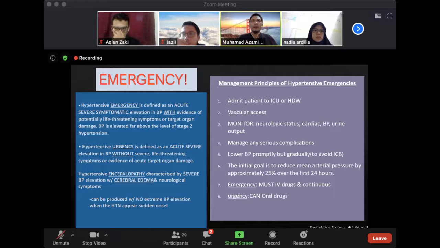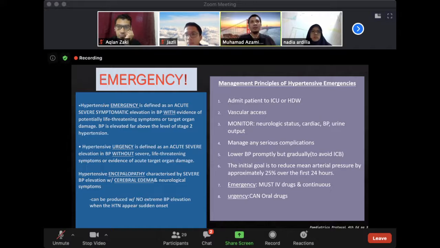And polycystic kidney disease yang datang masa umur dah besar sikit, they tend to be incidental findings. Maknanya if you do the BP and the BP is persistently high, tapi the child looks very well in themselves, and because it's a persistent hypertension with no cause, then normally you do the ultrasound scan, and then you will get the diagnosis of polycystic kidney disease lah. So it tends to be an incidental finding for the hypertension.